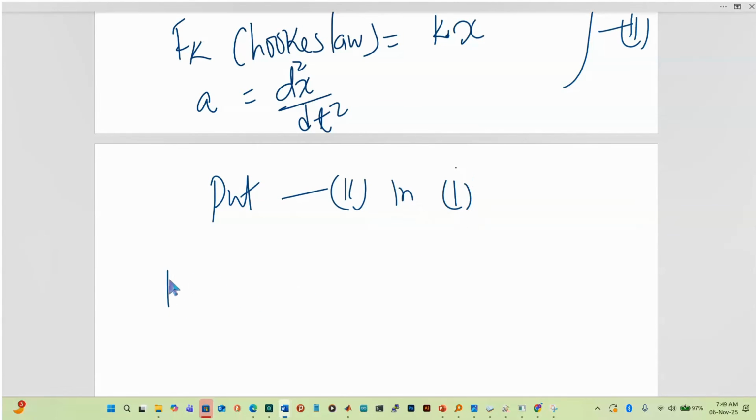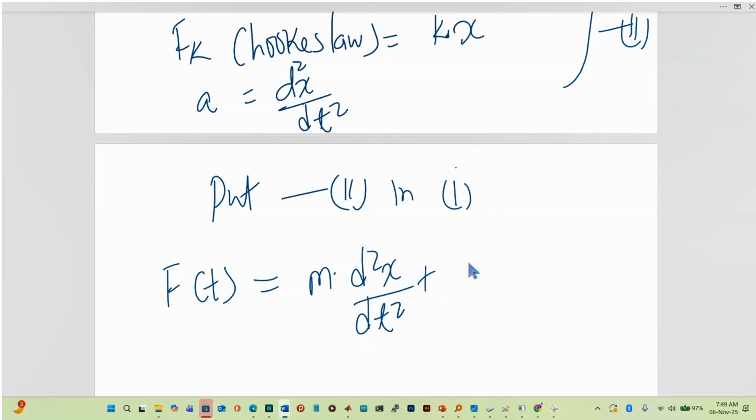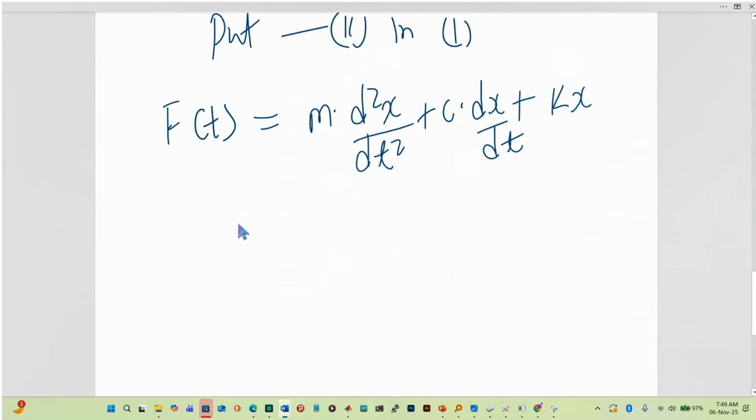So what does that mean? We shall have f of t equal to m d2x by dt2, then plus c times dx by dt, then plus kx. So this is what we have. Now what we do is to just take the Laplace transform.